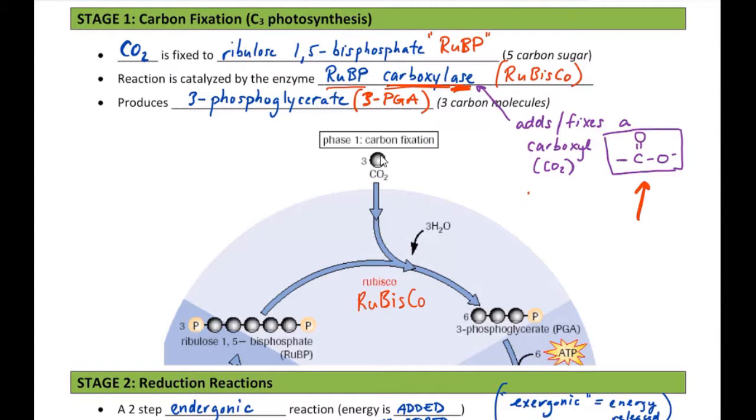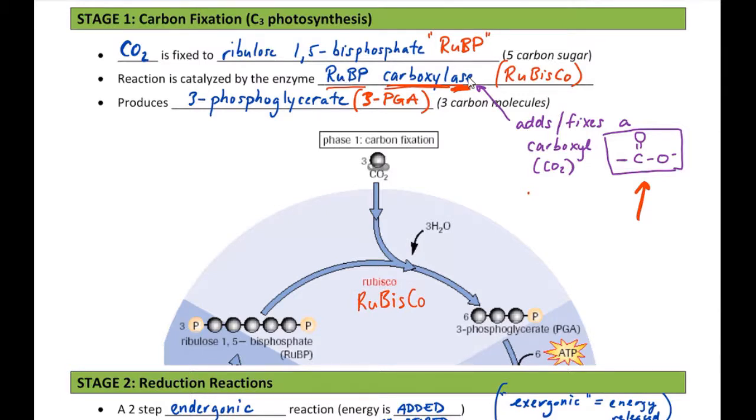What does that molecule look like to you? Count up the atoms. Isn't that just a C with 2 O's? Isn't that just a carbon dioxide? So a carboxylase is the enzyme that adds a carboxyl group, which is basically carbon dioxide. Who does it add it to? It adds it to rubip. That's how you name this sucker.